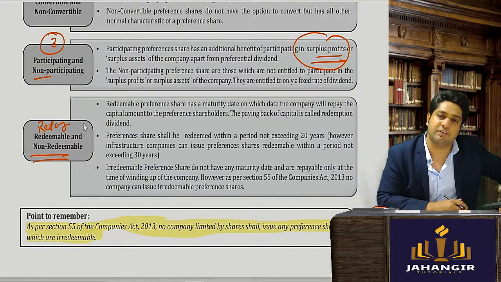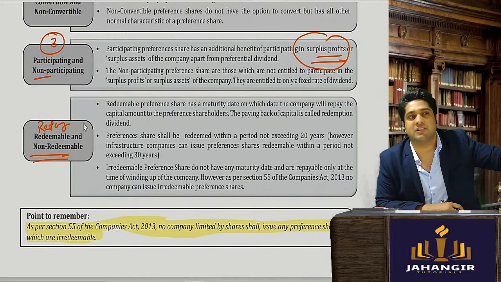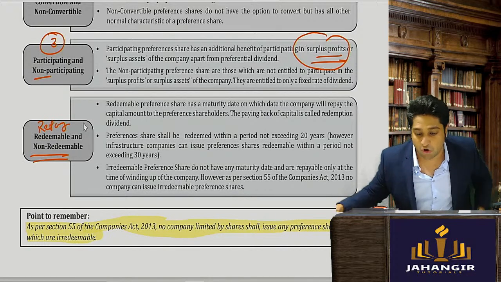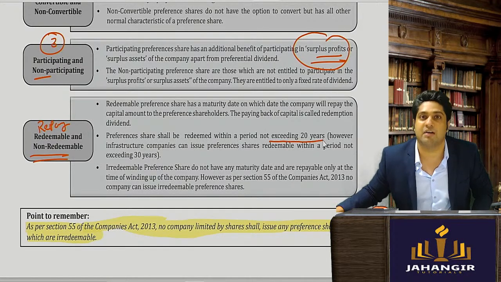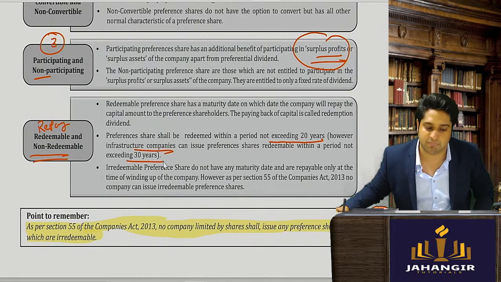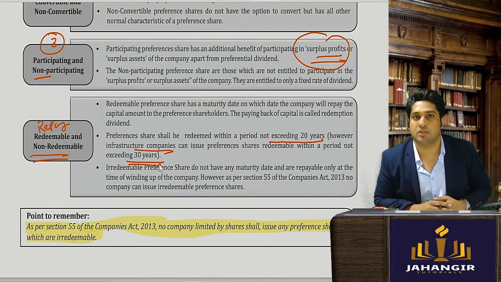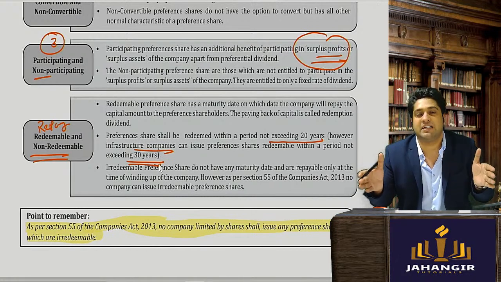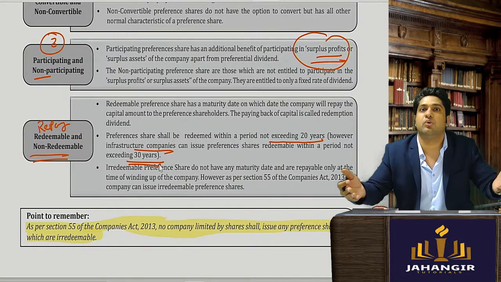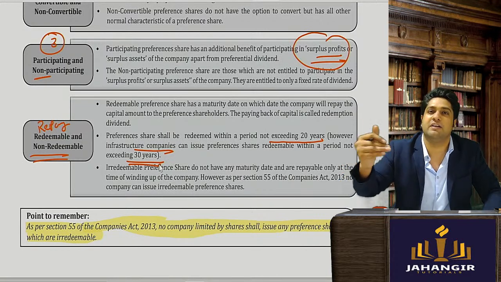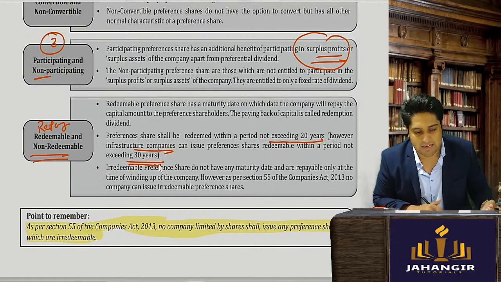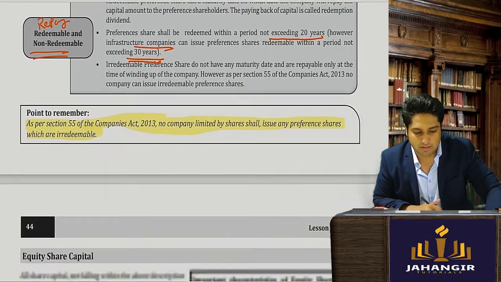Only redeemable, which will be repaid after a specified date, not exceeding 20 years in normal companies, and for infrastructure companies 30 years. So remember that the maximum tenure of preference shares that can be issued is 20 years, and for infrastructure companies, since they are to make infrastructure projects, it takes time, so it will be 30 years.